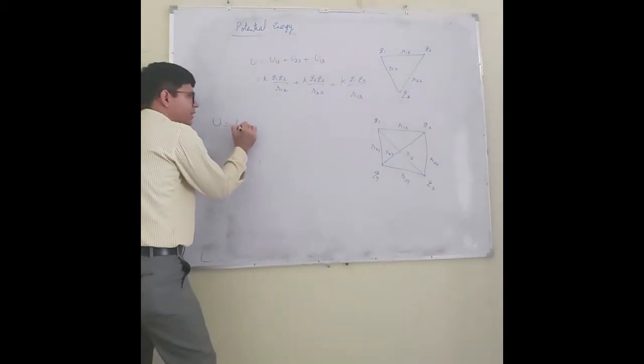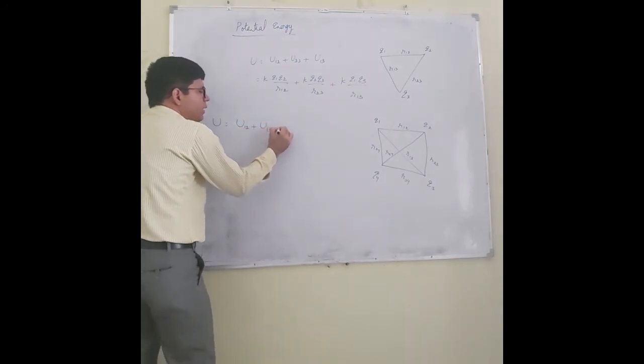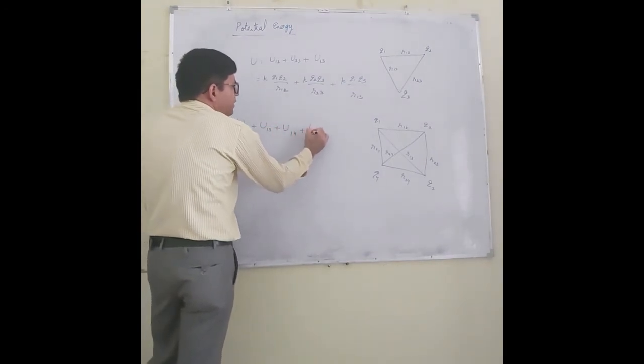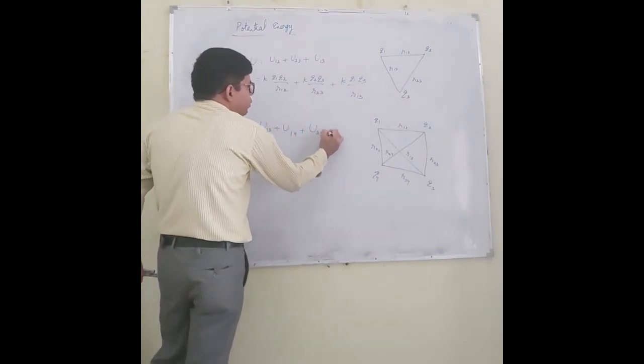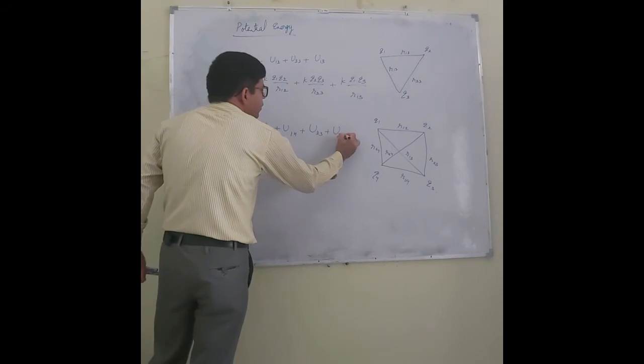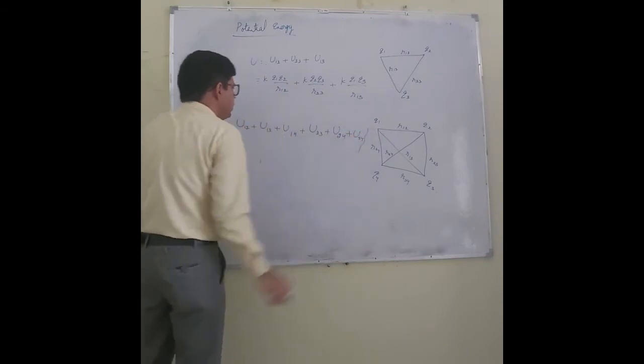It will be potential energy of Q1 and Q2, potential energy of Q1 and Q3, potential energy of Q1 and Q4, potential energy of Q2 and Q3, potential energy of Q2 and Q4 plus potential energy of Q3 and Q4.